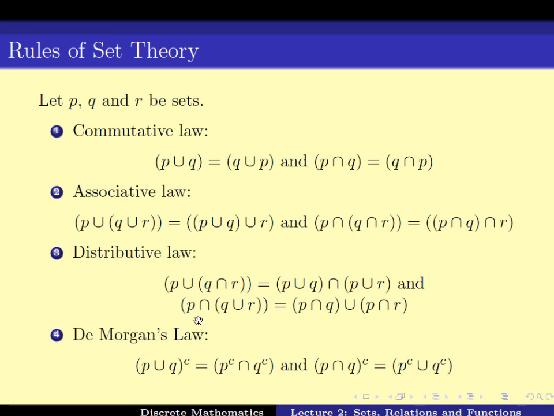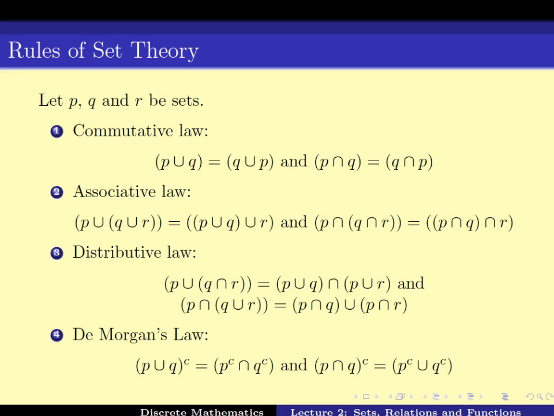Similarly, P intersection (Q union R) is the same as (P intersection Q) union (P intersection R). And the fourth law is De Morgan's law, which says that (P union Q) complement is the same as P complement intersection Q complement. And similarly, (P intersection Q) complement is P complement union Q complement.